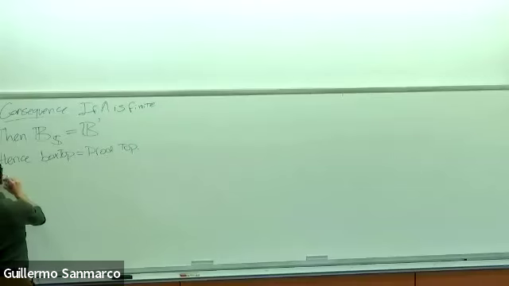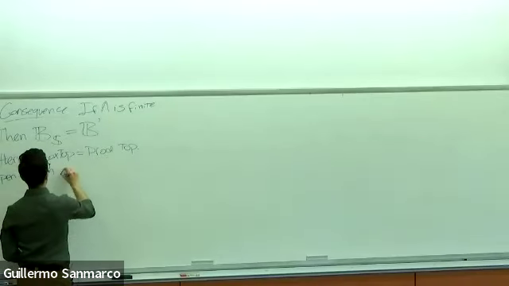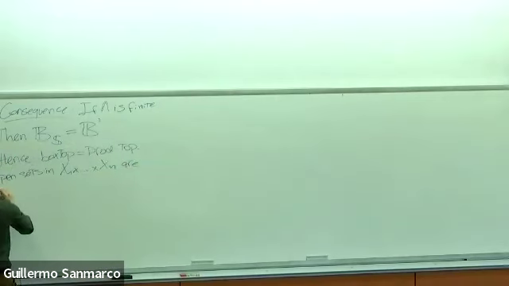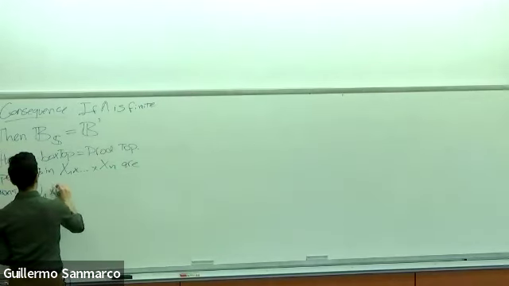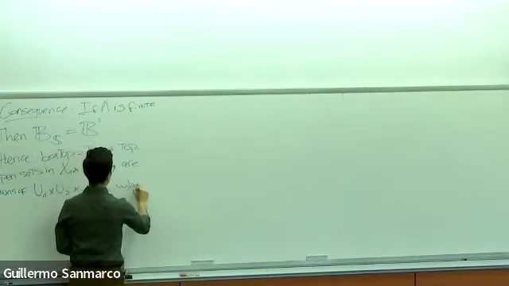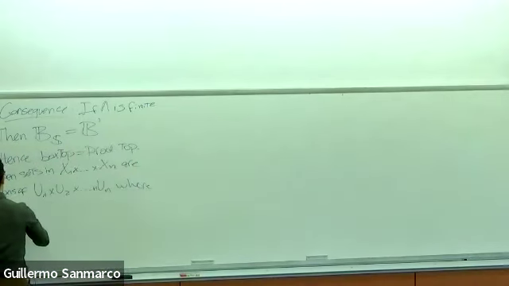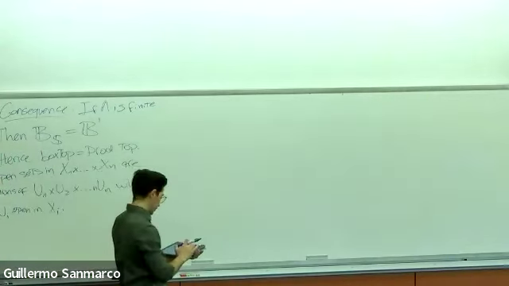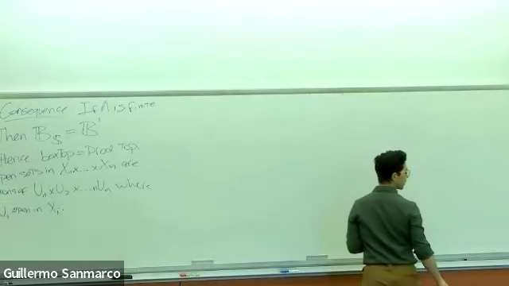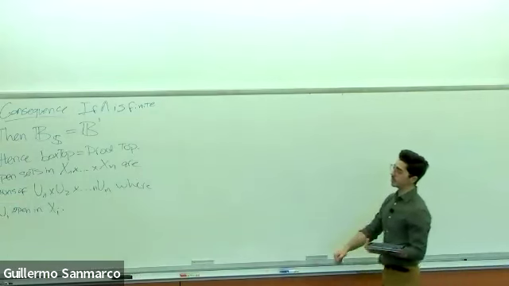And open sets in X1, ..., Xn are unions of what should be called rectangles, U1 times ... times Un, where each Ui is open in Xi.